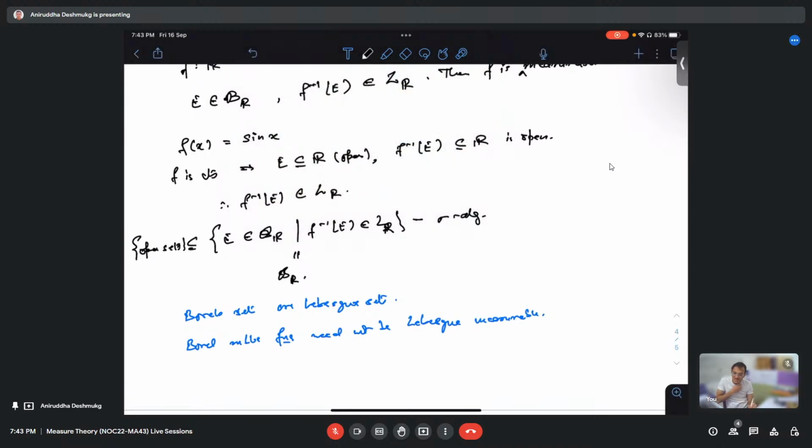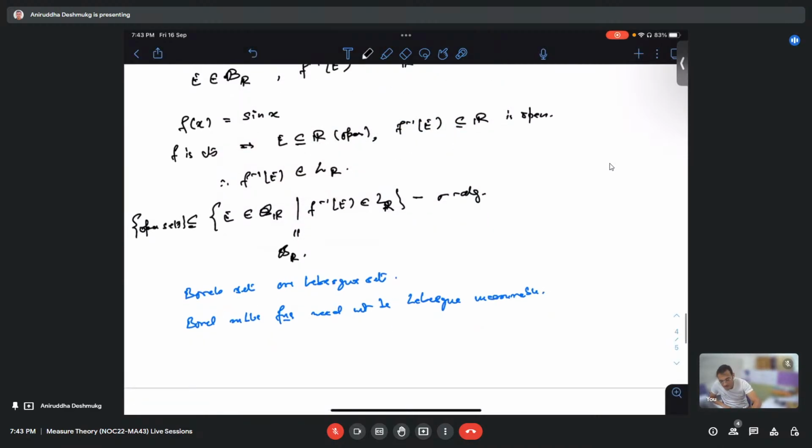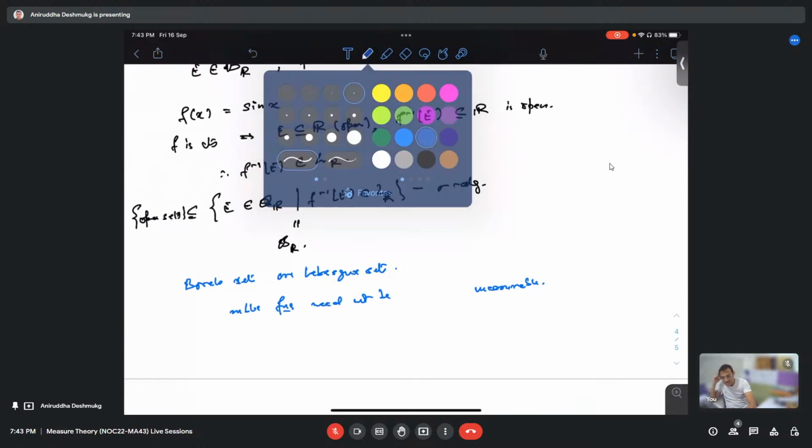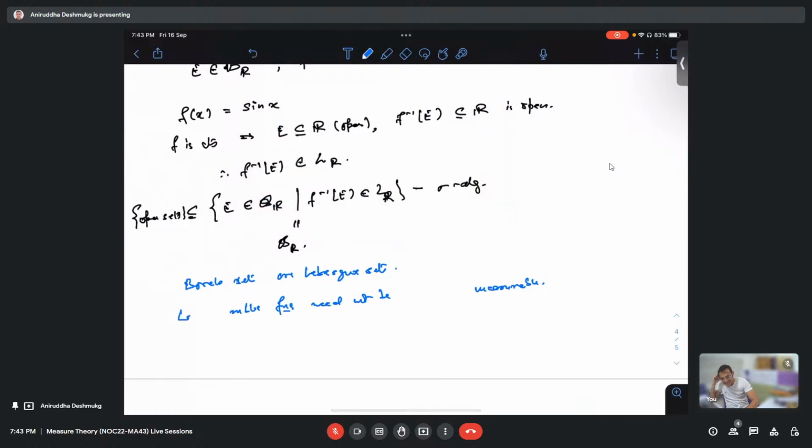Can you explain why? Because what do we mean by Borel measurable functions? Sorry, I mean to say the other way around. Borel measurable functions are Lebesgue measurable because Borel sets are Lebesgue sets. But the other way around, it may not happen.